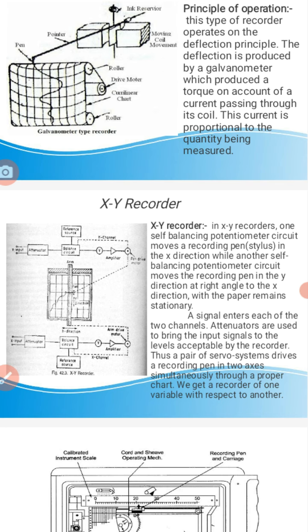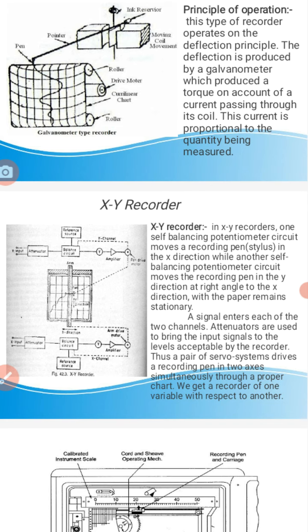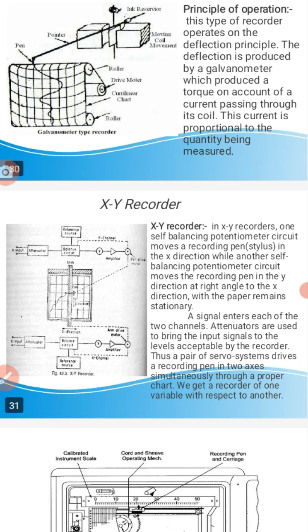A signal enters each of the two channels. Attenuators are used to bring the input signals to levels acceptable by the recorder. Thus, a pair of servo systems drives a recording pen in two axes simultaneously over a proper chart. We get a record of one variable with respect to another.